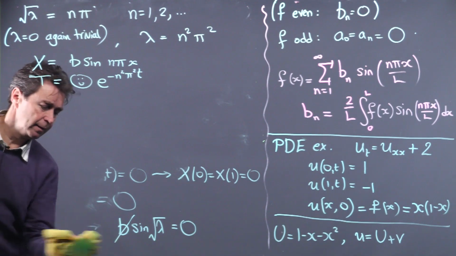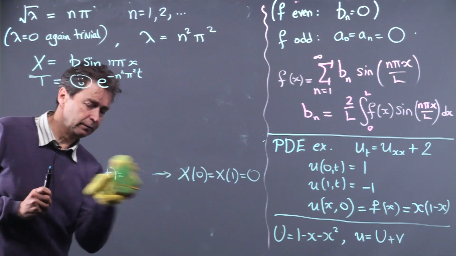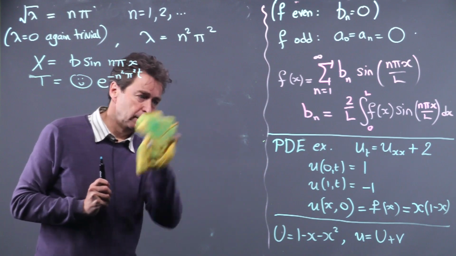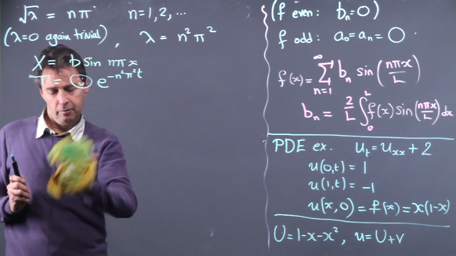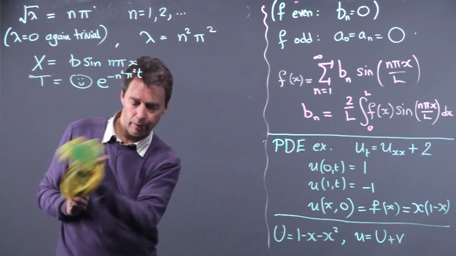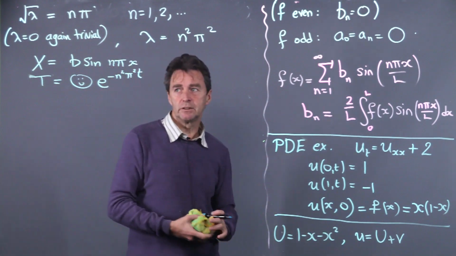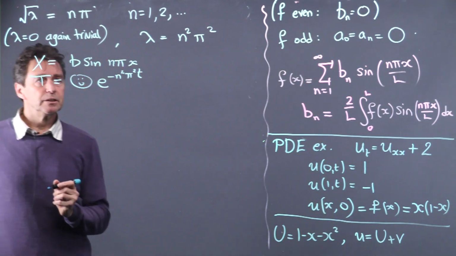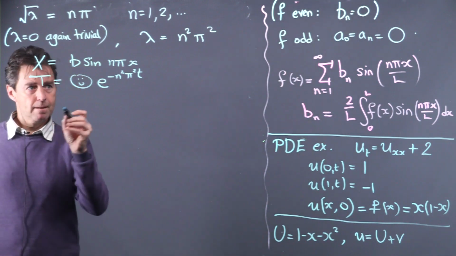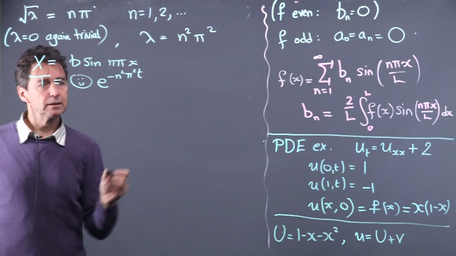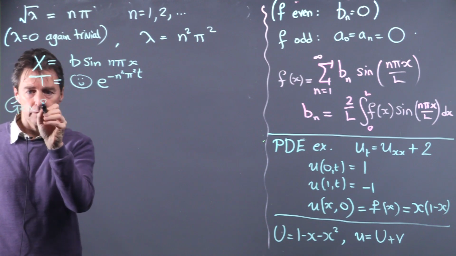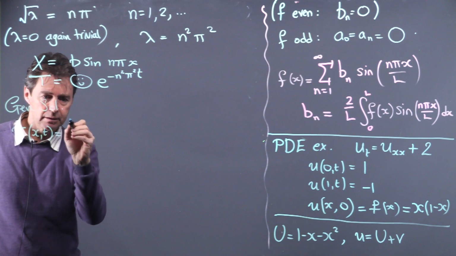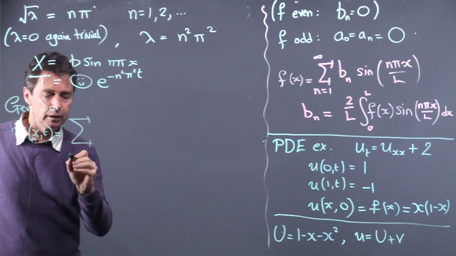Now, in the scheme of things, when we apply separation of variables, we go through the procedure, we separate the variables, we argue, because we can write the PDE as a function of x times a function of t, that we have a separation constant, and the PDE therefore reduces to 2 ODEs. We solve them to get here. There is an infinite number of possible choices for lambda, so we write a general solution, which is that v of x and t is the sum over all of the n's.